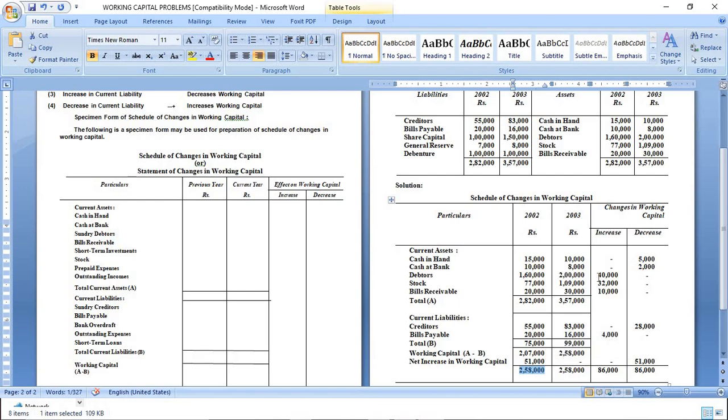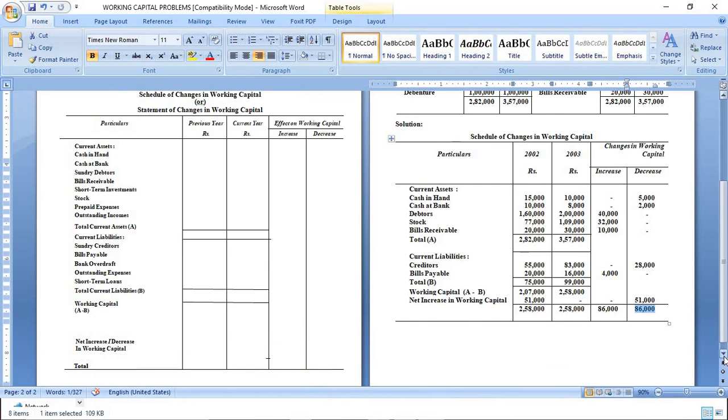Here you total 40,000, 22,000, 10,000, and 4,000, which gives you the figure 86,000. And the 5,000, 2,000, and 28,000 plus 51,000 give you the figure 86,000. In this way we can compare and balance as per the total.